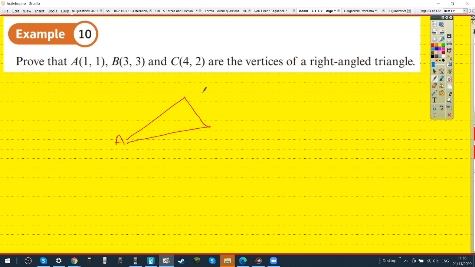How do you prove that a triangle is right-angled? One of the angles has to be 90 degrees. How do you show that? You could get the gradient of AB and the gradient of BC. What will be the gradient of AB?